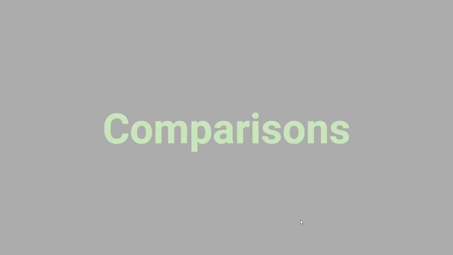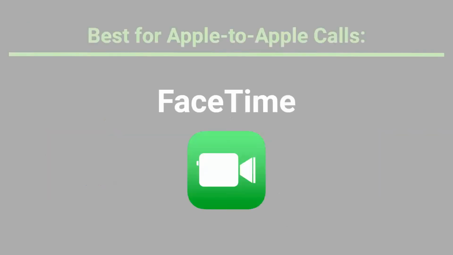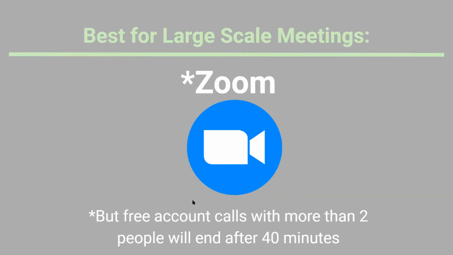Okay, there is a comparison. FaceTime is for Apple to Apple calls. It's very easy to use. And Zoom is for large scale meetings, but free account calls with more than 2 people will end after 40 minutes.